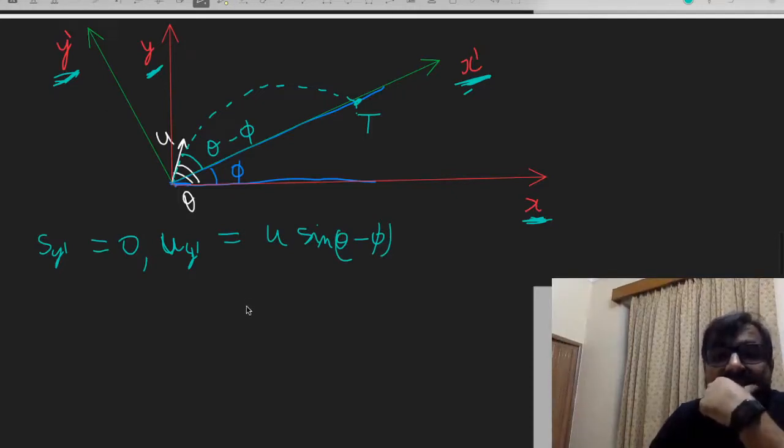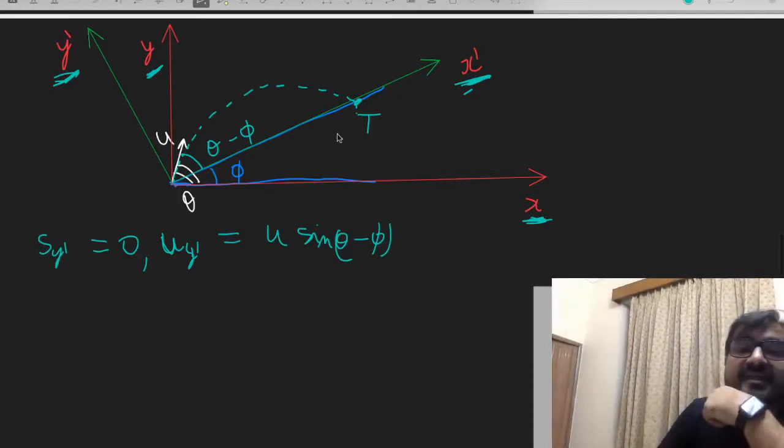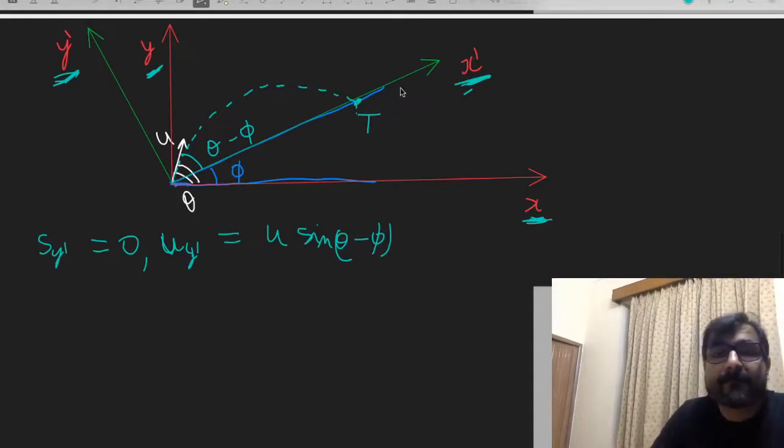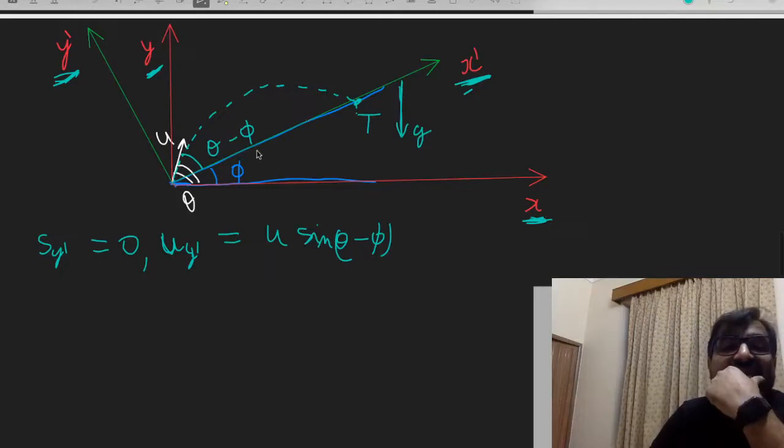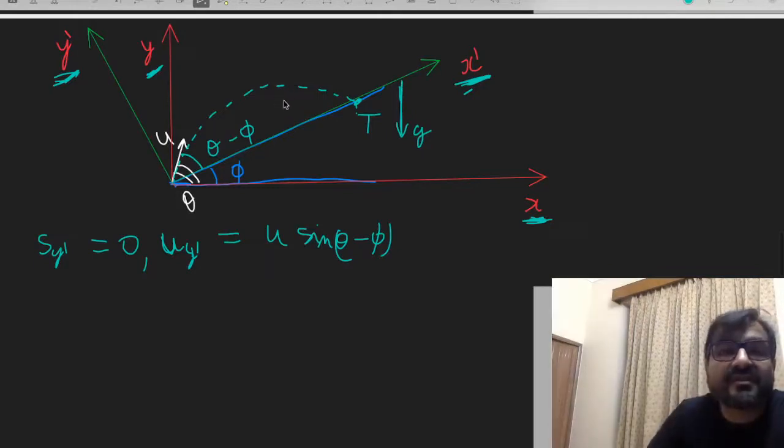Not only that, gravity also will have a component now. The force of gravity acting on this particle will also have a component.